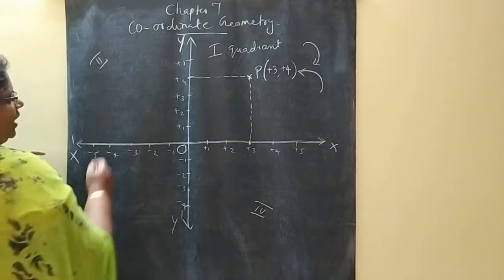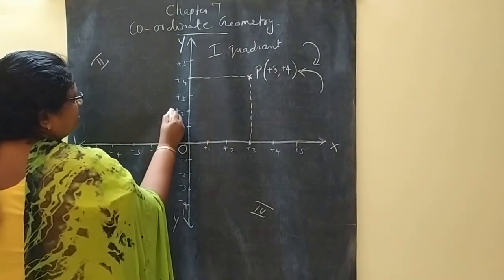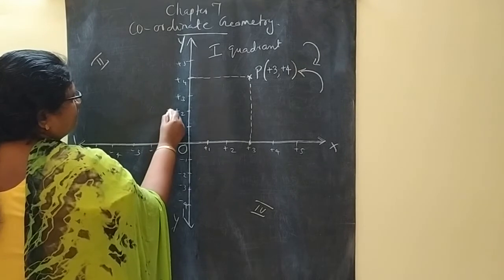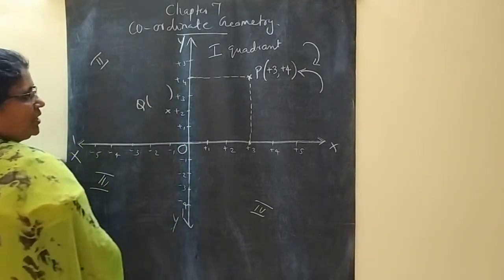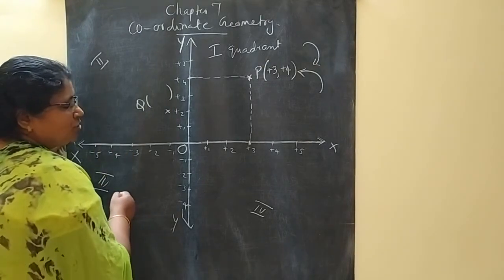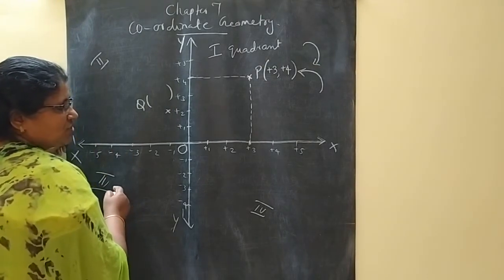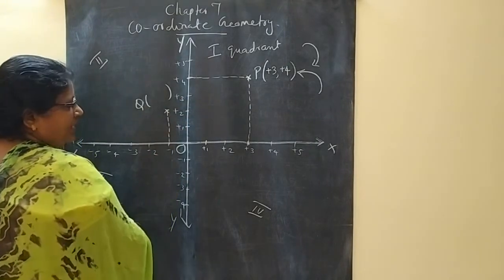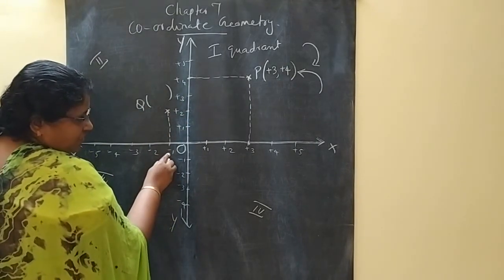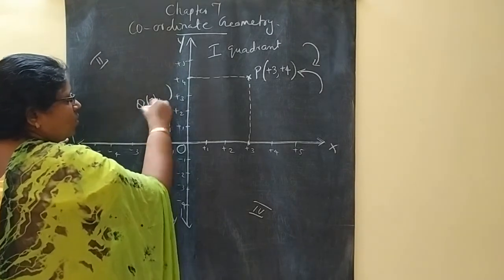Now, if I mark a point Q here, how to find what is that point? First you have to draw a perpendicular to which axis? X-axis. Draw a perpendicular to the x-axis where it is intersected, -1.